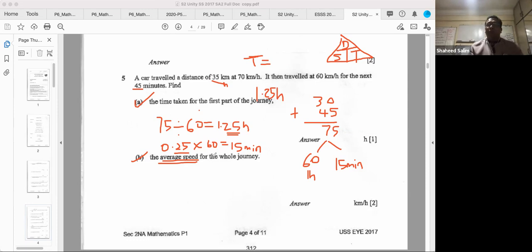Okay, you try average speed for the whole journey. This one will be better for you to use hours because you cannot use minutes. You must find the distance for the second part of the journey. So then you must know 45 minutes is how many hours?